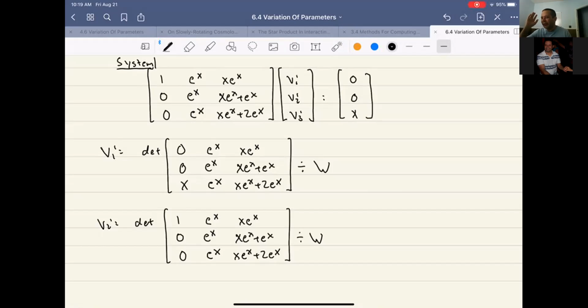Say it out loud. That's right, we're going to replace the second column. So we're going to replace the second column by 0, 0, x.